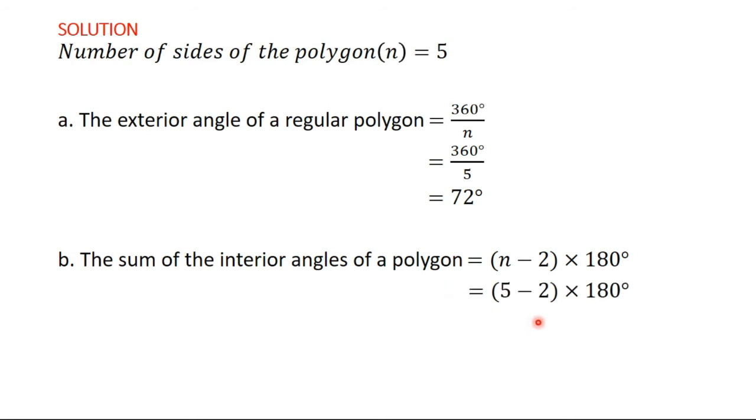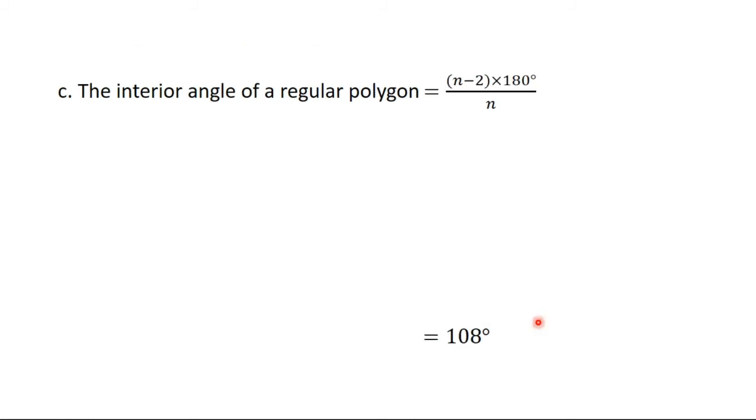We are getting 5 minus 2 times 180 degrees. This will give us 3 times 180 degrees, and we are getting 540 degrees. So it means that if you have a pentagon, the sum of the interior angles of the pentagon is 540 degrees.